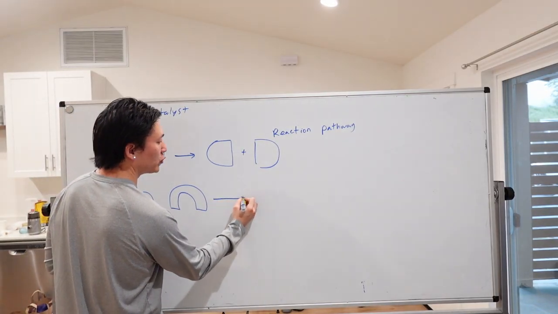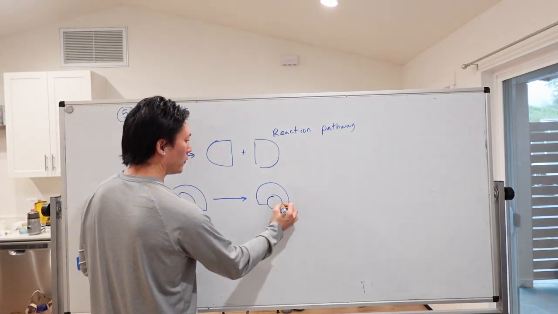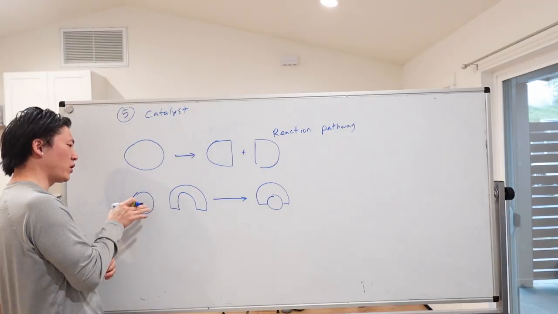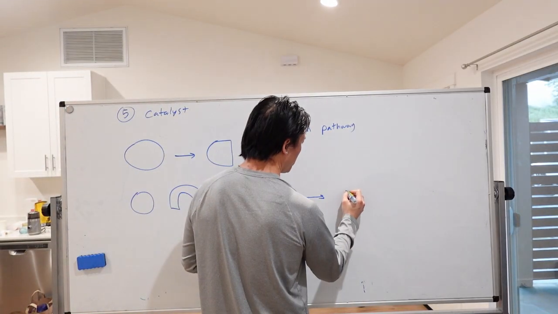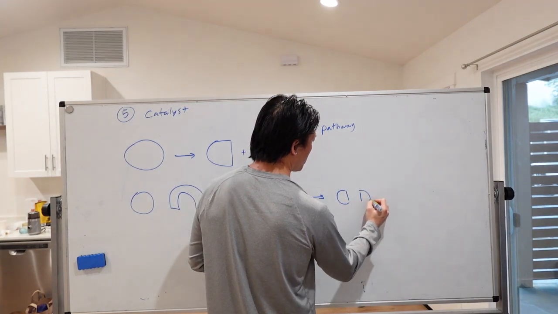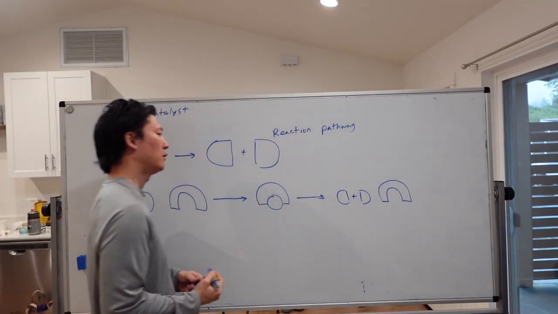So let's do this in two steps so you can see what happens. You see how that thing fits right on there? And then it breaks it up into two.